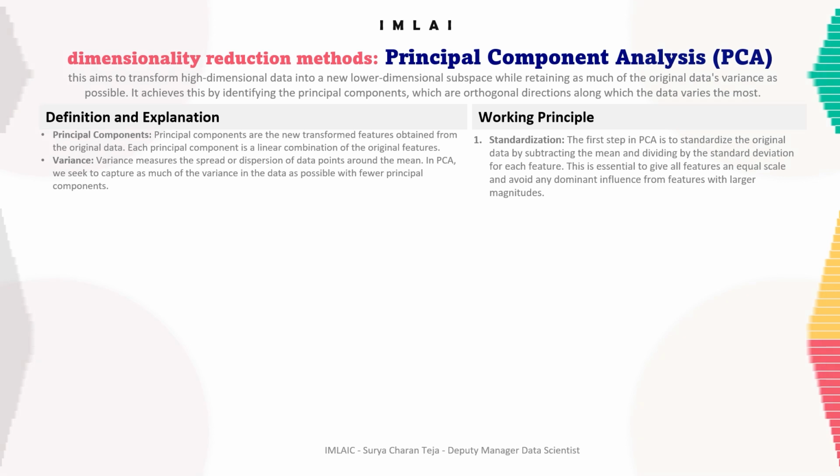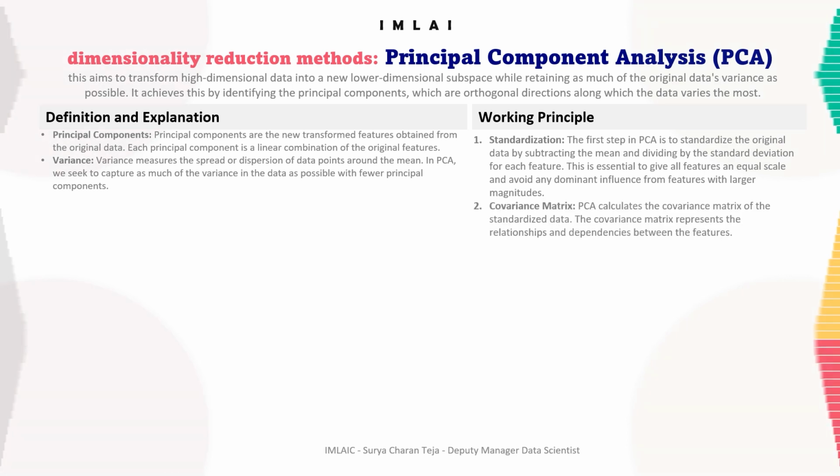That's the second step, the covariance matrix, where PCA calculates the covariance matrix of the standardized data. Once the data is standardized, it's time to do the covariance matrix calculation. And the next step is mathematics, pure mathematics.